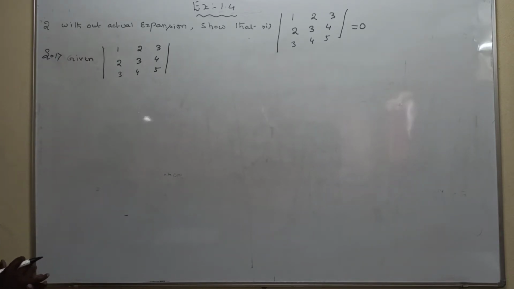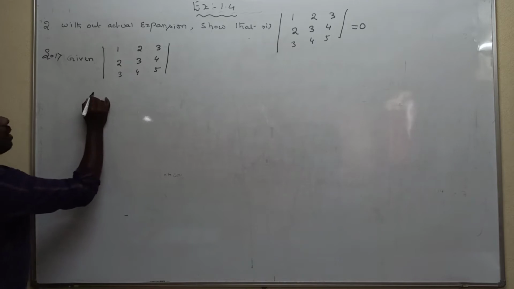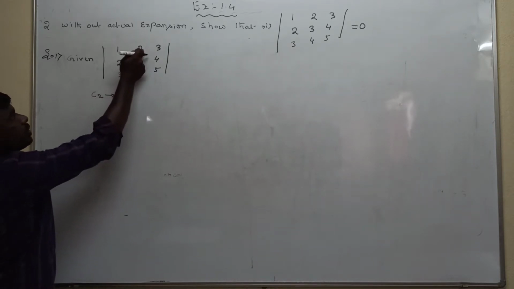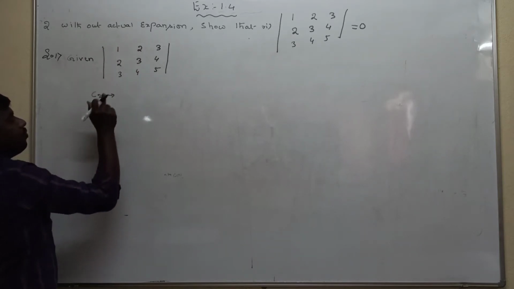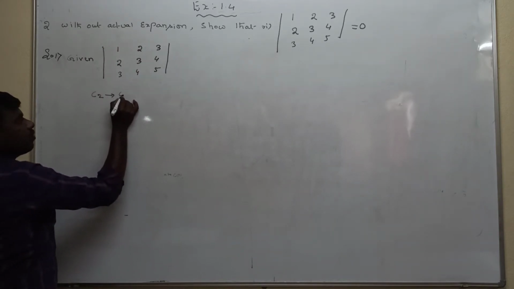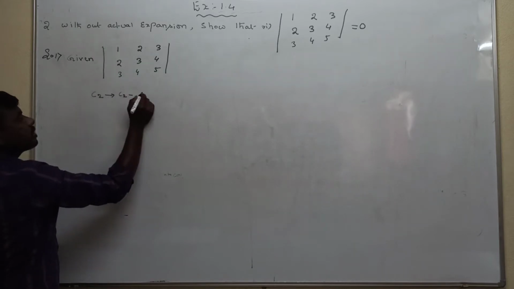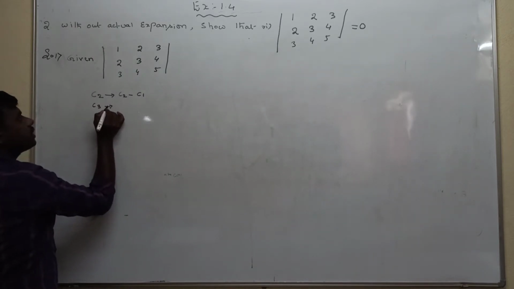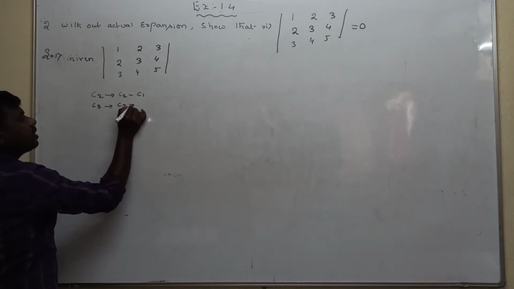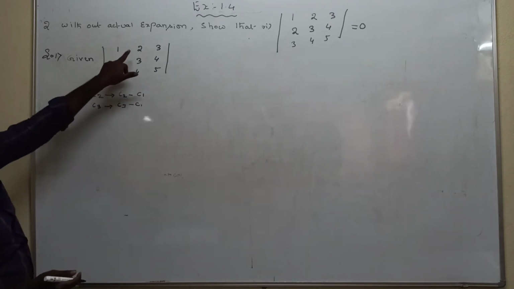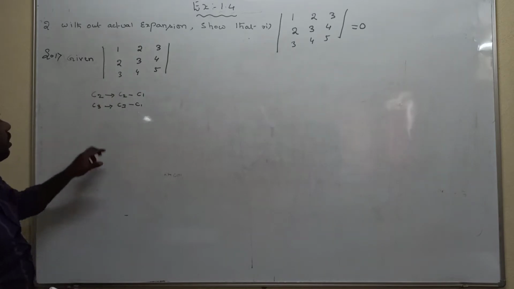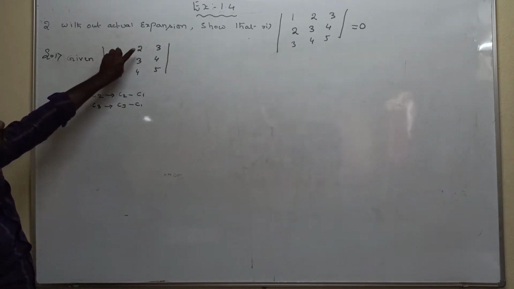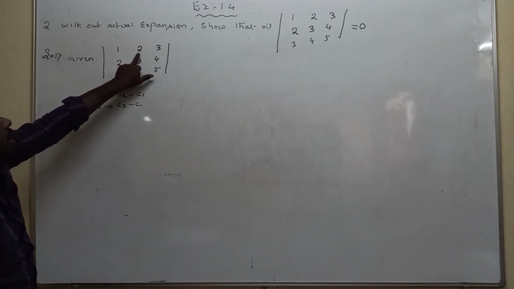By using the column operation, C2 changes to C2 minus C1. Whichever column we change, we take the help of column 1. Next, C3 changes to C3 minus C1. Don't take the help of the second column, because the second column is changing to second column minus first.